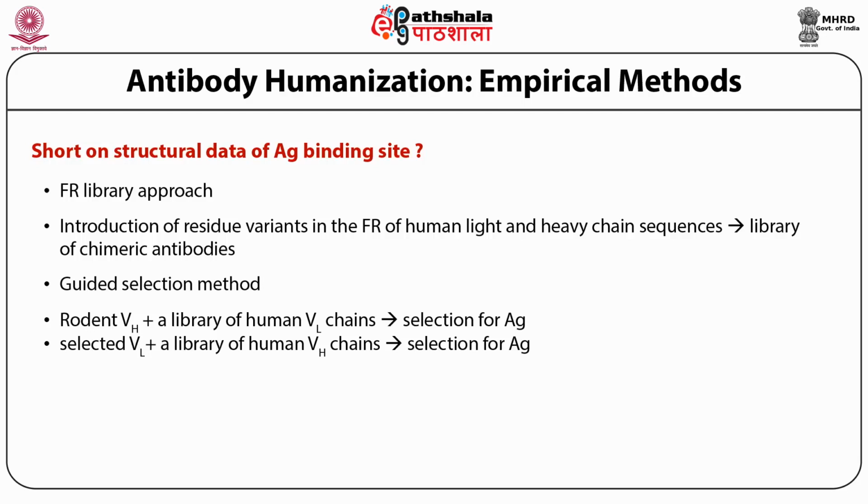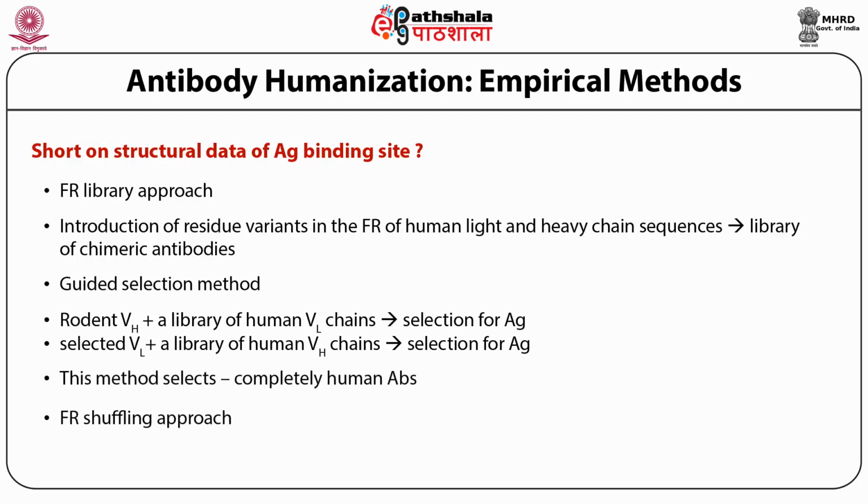Now here the VL and VH, both domains, are of human origin. Again, the library is screened on the basis of antigen binding activity. So at the end of this procedure, one has a completely humanized antibody which has antigen binding capacity as well.